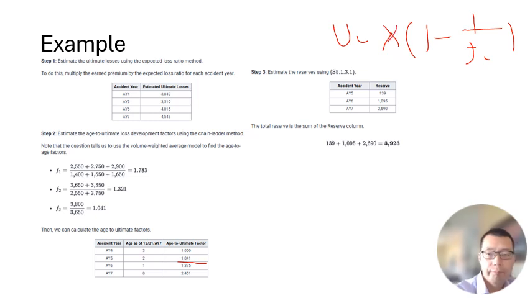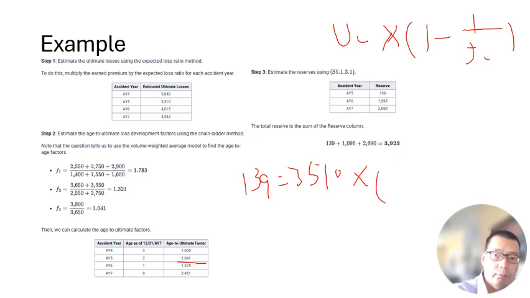So here you first get 139, which would be coming from the ultimate loss, which is 3510 times 1 minus 0.4.